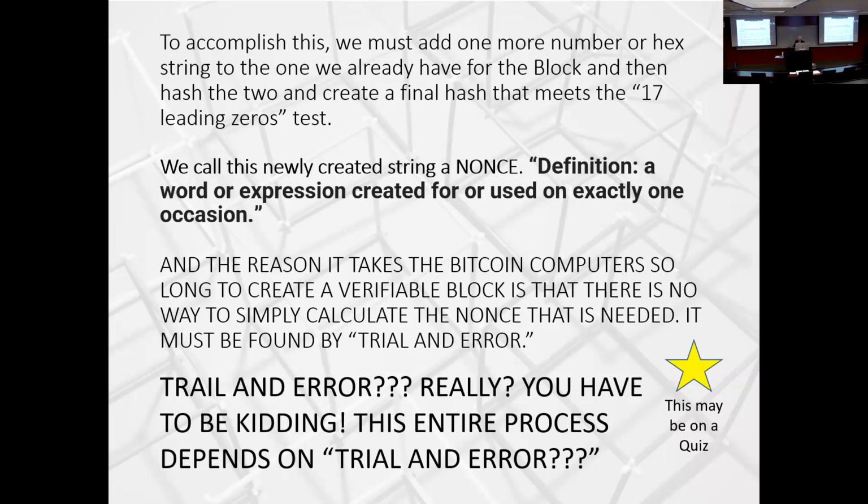The number that we invoke at this point, that we make up, is called a nonce. And the definition of a nonce is a word or expression created for exactly one occasion. So for this, we go back.